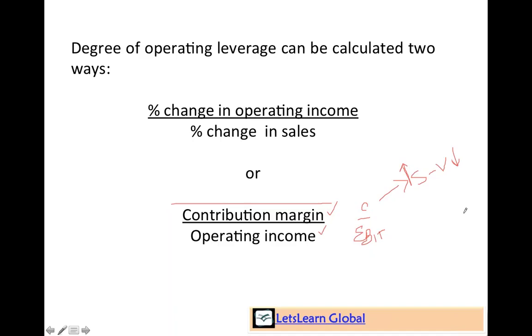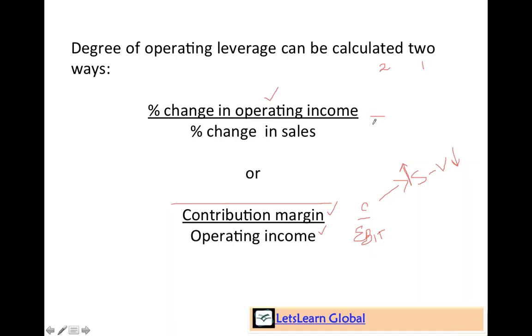If 2 years of income statements are given, you find the percentage change in EBIT between 2 years, last year and current year, divided by the percentage change in sales.